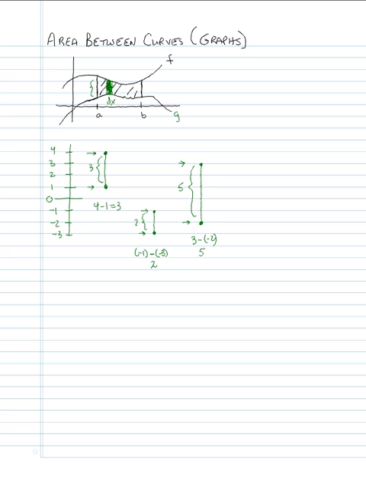But if we look at the height, the highest y value on that rectangle is represented by f of x, and the lowest y value is represented by g of x. So if we wanted to know the height of that rectangle, we would take the highest y value, which is f of x, and subtract the lowest y value, which is g of x.